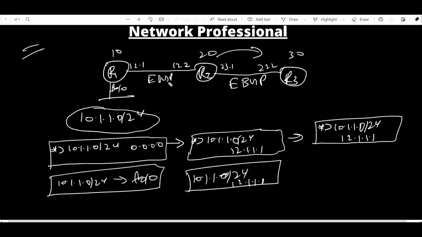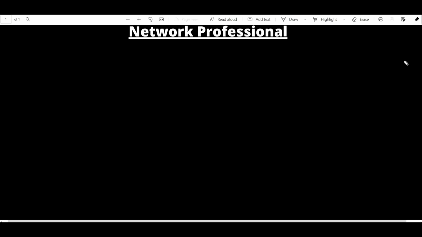So whenever a router will share prefix with their eBGP neighbor, router will modify next hop. So router will modify next hop over here, yes, next hop will be 23.1.1.1, right? Sorry, not here, here will be 12.1.1.1, here next hop will be 23.1.1.1, right? Okay, let me talk about the rule for next hop in iBGP.